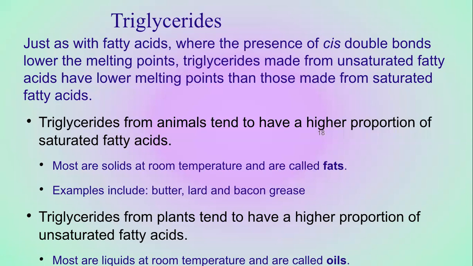So the takeaway from this slide is saturated fatty acids are solids, and those are fats. And unsaturated fatty acids are liquids, and those are oils. Fats tend to originate from animals, and oils tend to originate from plants.